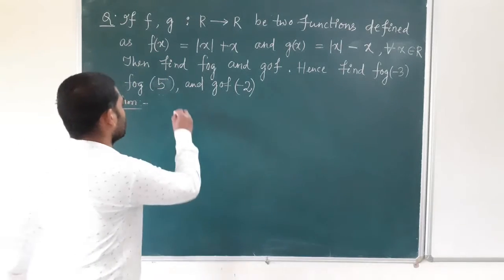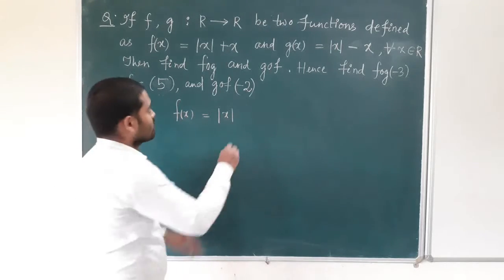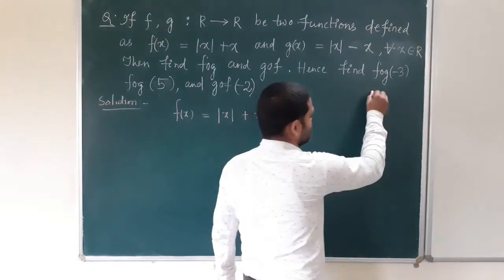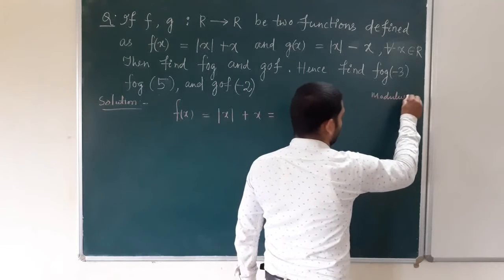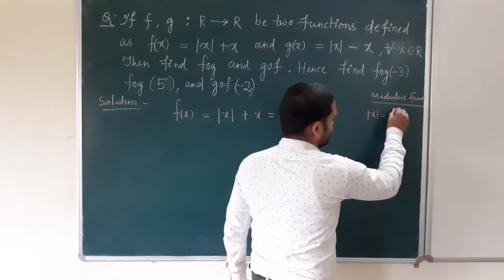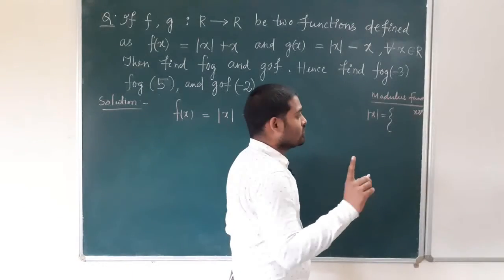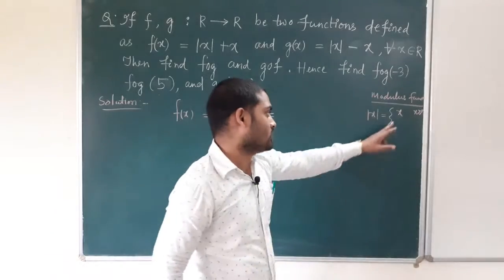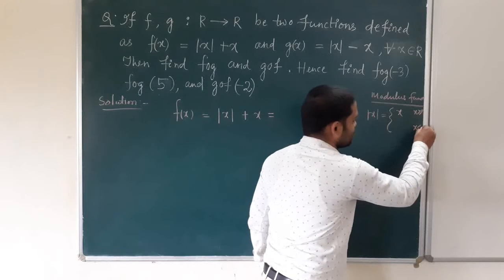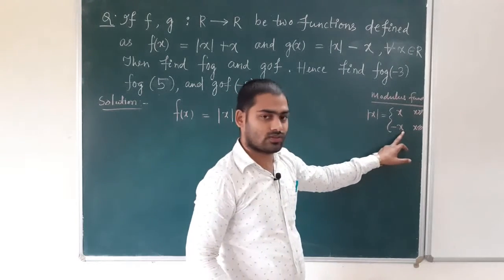Redefine this f of x, modulus of x plus x, and you know that the modulus function, when x is greater than or equal to 0, gives x, the absolute value, and when x is less than 0, then we get minus x.